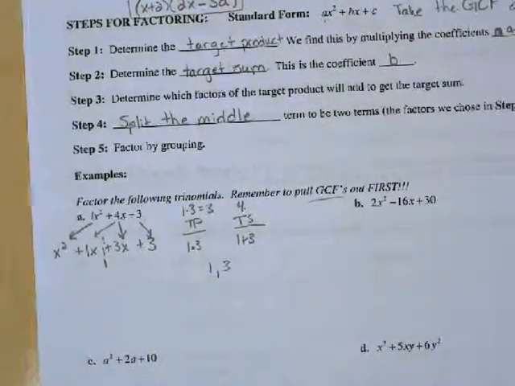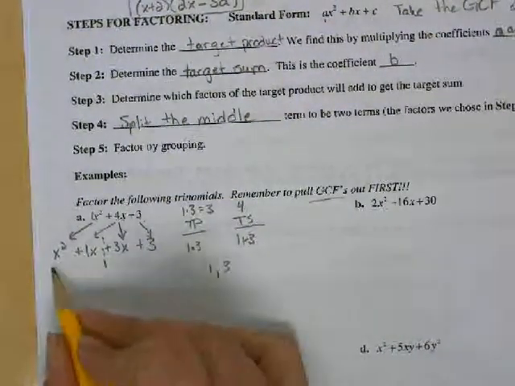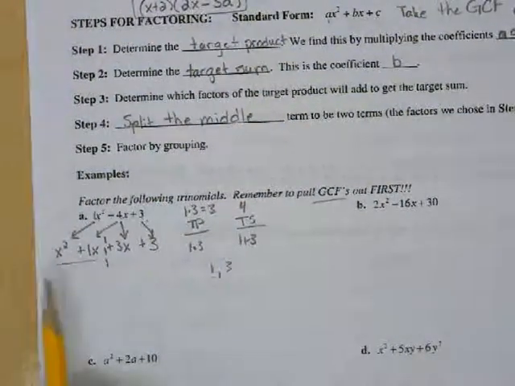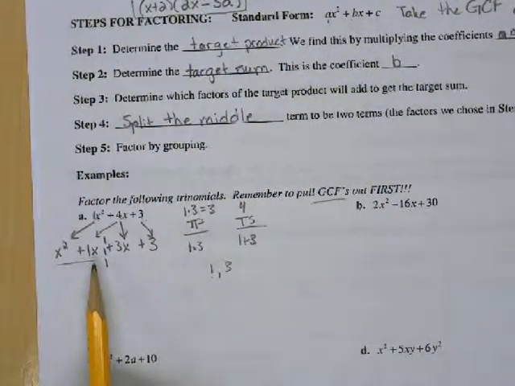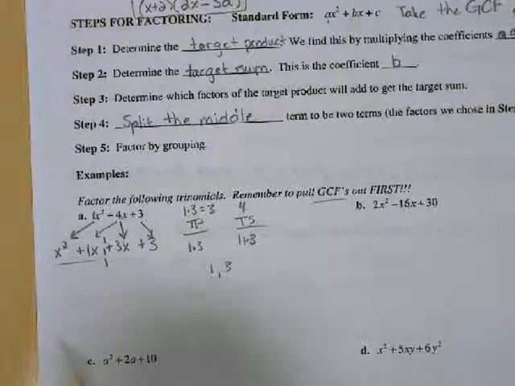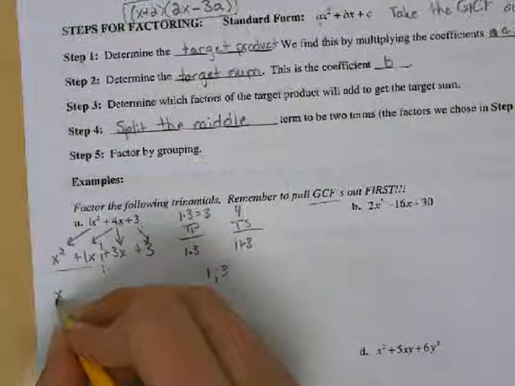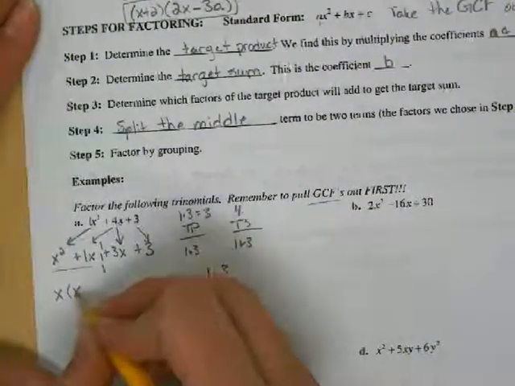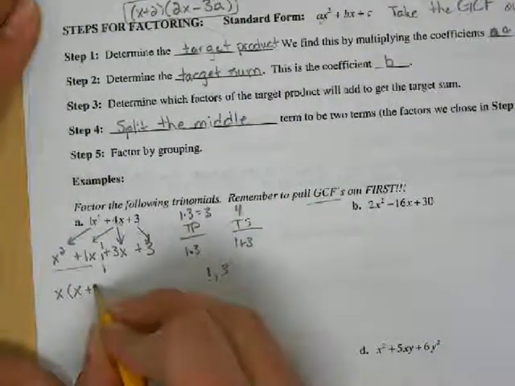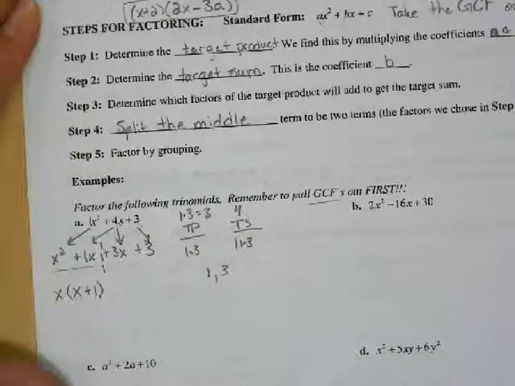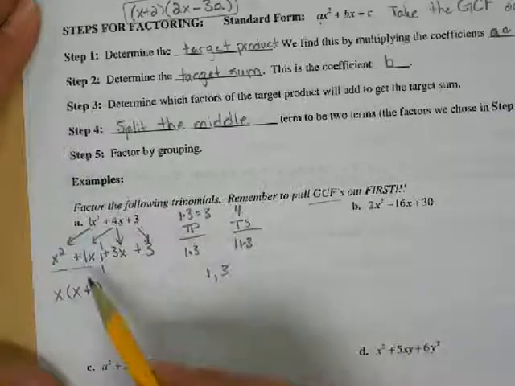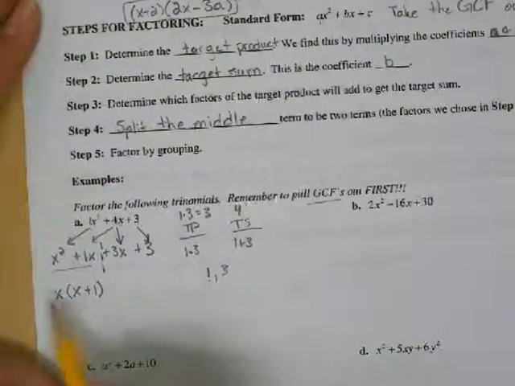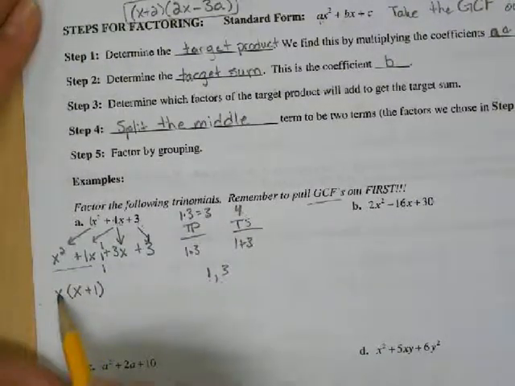Looking at just this left-hand side first, I've got x squared plus 1x. I have an x in both, so that's my GCF. When I take that x out, I'm left with x inside and plus 1. Please keep in mind again that if you take the whole thing out, you have to leave at least a 1 in its place so that when I multiply it back in, I get x squared plus 1x.